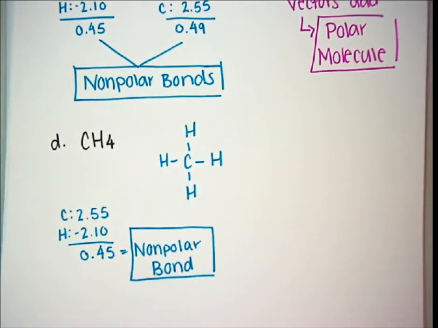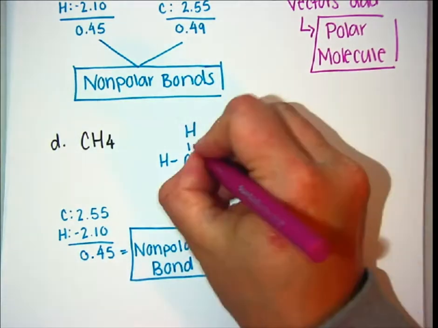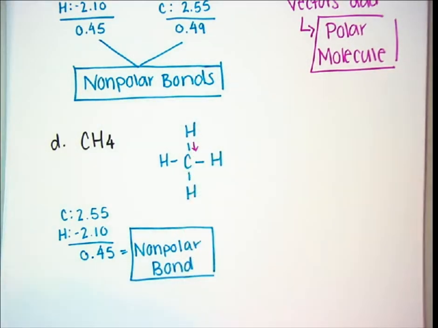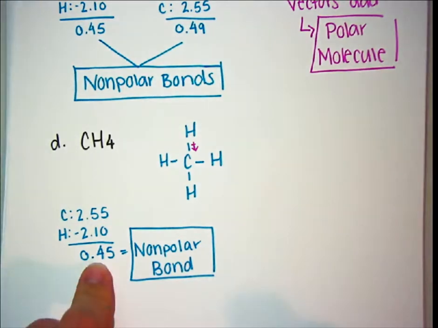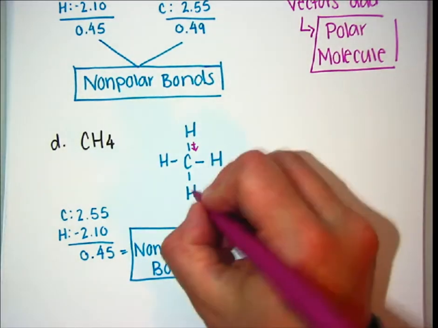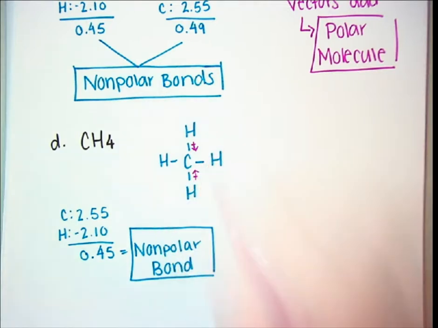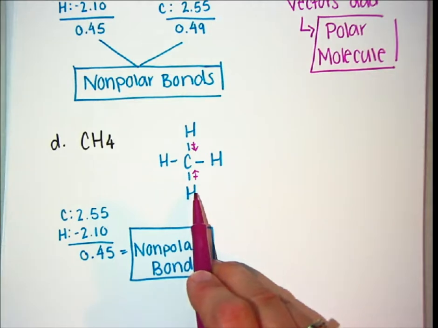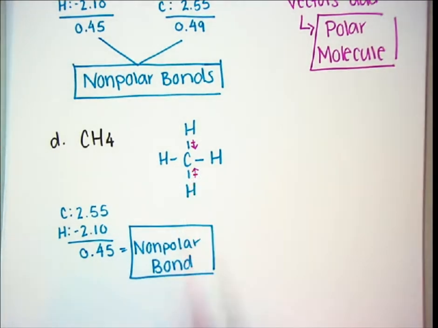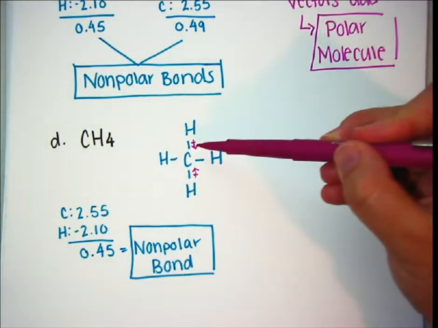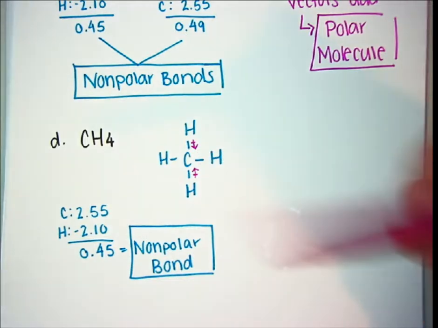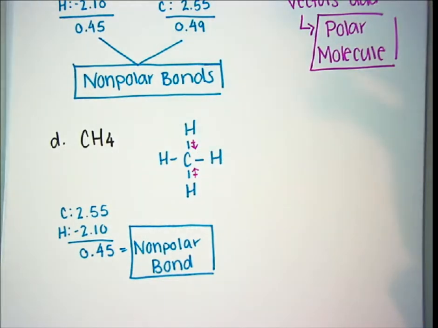Let's look at our vectors. Carbon is more electronegative than hydrogen. So it pulls those electrons a little bit closer, not very much. But look what happens here. This carbon is also more electronegative than this carbon, so it's going to pull the electrons closer. What happens if I have two vectors that are equal in magnitude but opposite in sign?